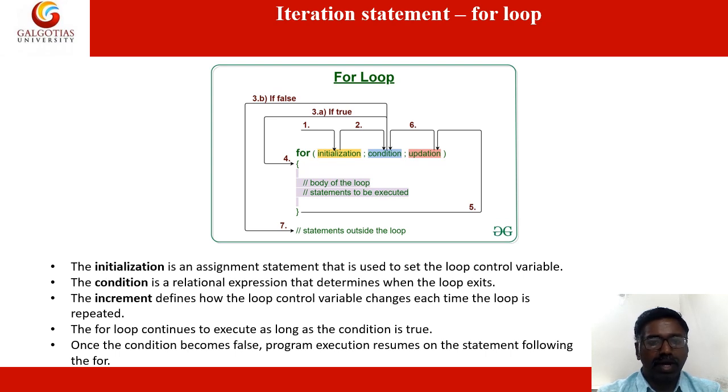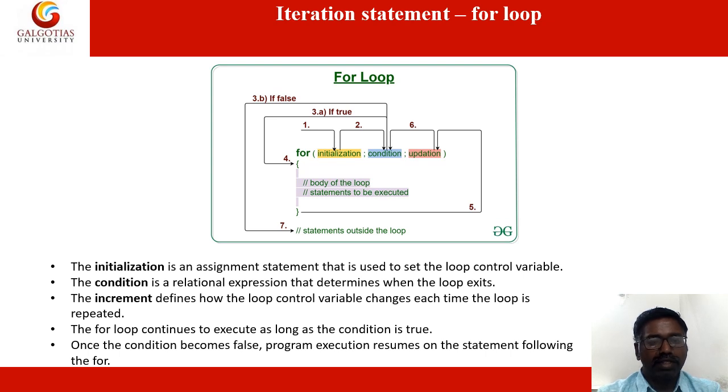After the sixth step, again go to check the condition. Since the variable value is now updated, it is rechecked. If it is true, go to the fourth step; if it is false, go to the seventh step, which is outside of the loop. So the three main things to understand are initialization, condition and updation. Initialization is an assignment statement used to set the loop control variable.